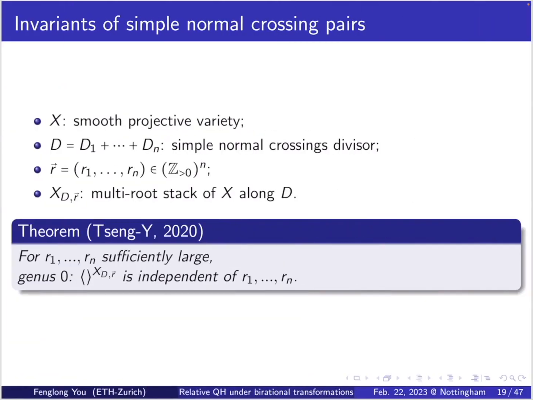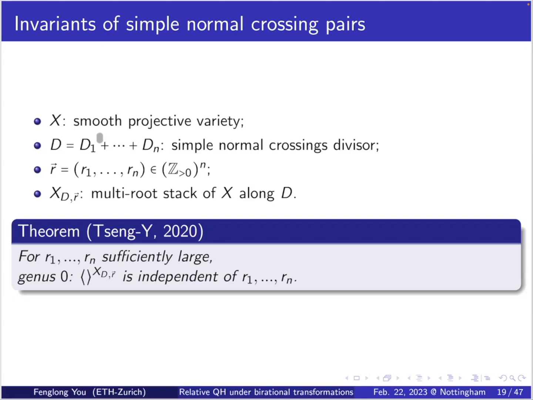And this can be used to generalize the definition of relative Gromov-Witten theory to simple normal crossing pairs. The previous definition of relative Gromov-Witten theory is just for the case when D has one irreducible component. But to generalize that, we can use this orbifold definition. We look at some orbifold.